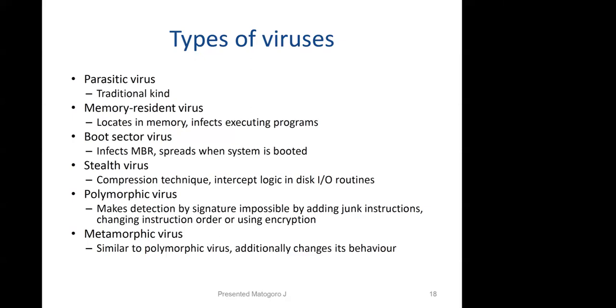It always intercepts logic in disk input-output routines. You can also have a polymorphic virus, which makes detection by signature impossible by adding junk instructions, changing the order of instructions, or using encryption. So you can see there exist different types of virus, and another one is a metamorphic virus, which is similar to a polymorphic virus, but it additionally changes its behavior.